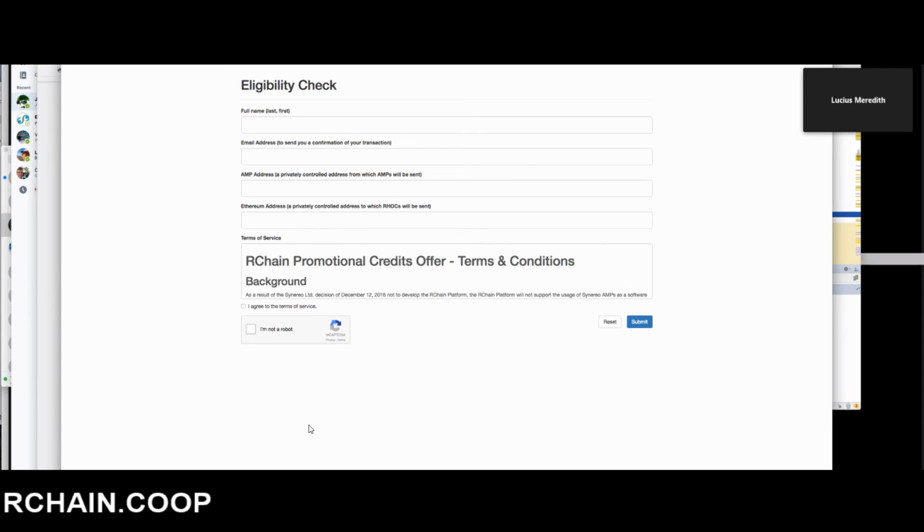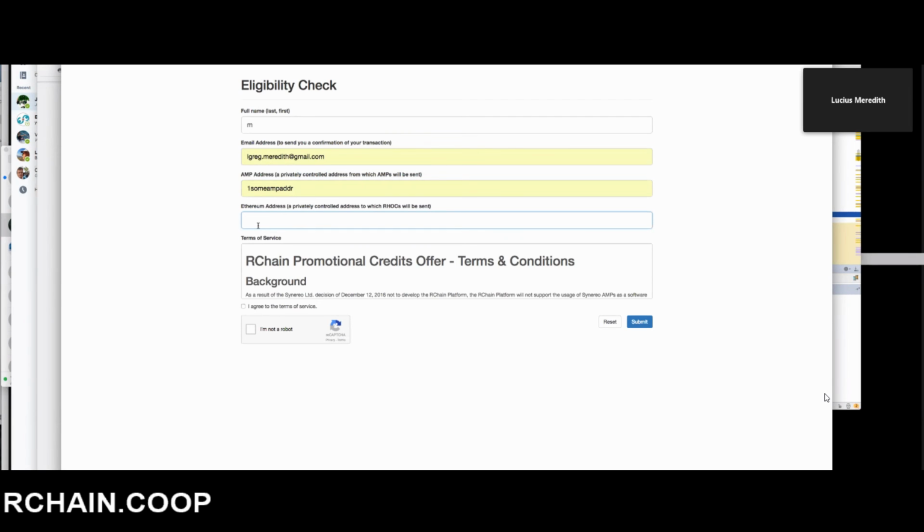I'm getting rid of this so that it's live. What you'll do is put your full name and an email address. Put a reasonable email address in here. If you put bogus email addresses, we will just throw them away and not tell you that it was bogus.